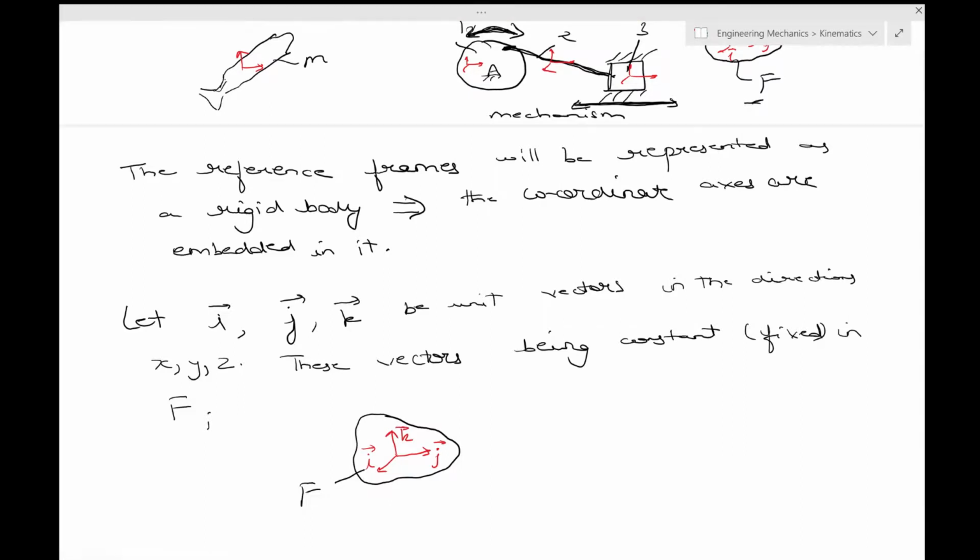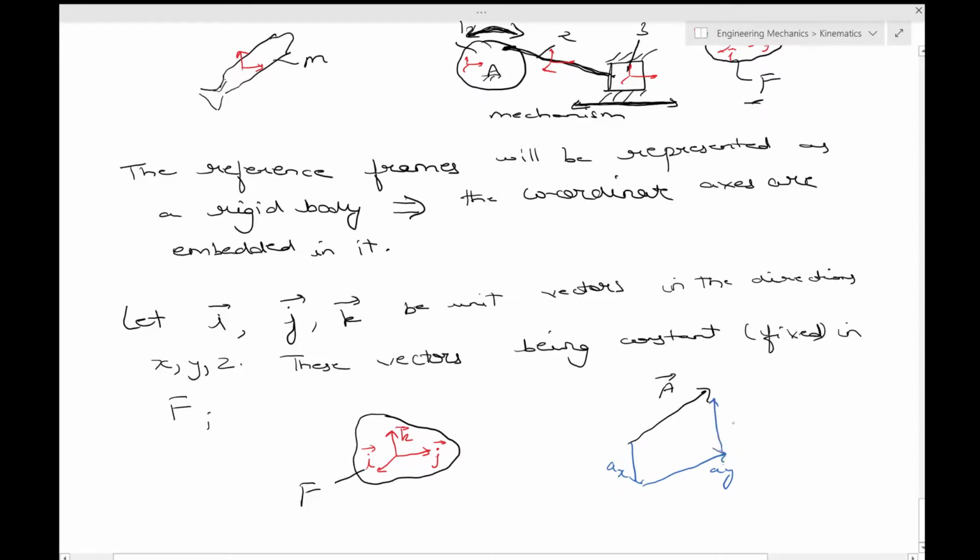Now let me draw a vector A. So this is the vector A. It will have Ax, it should have Ay, and it will have Az.